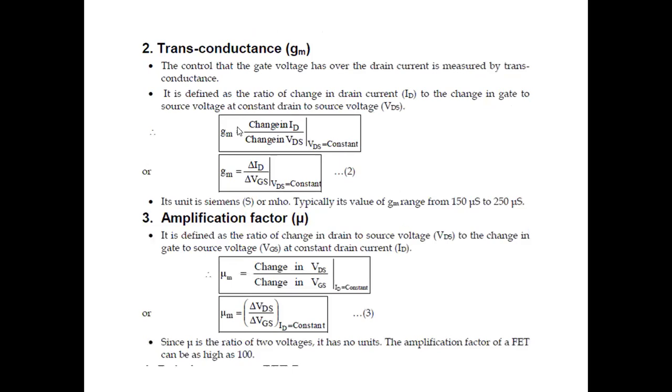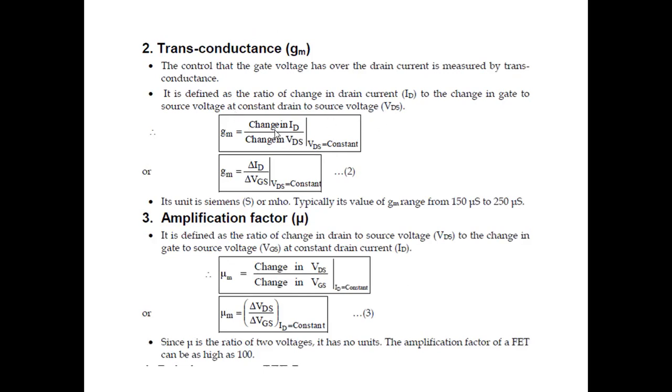Next, transconductance. The control that the gate voltage has over the drain current is measured by the transconductance. It is defined as the ratio of the change in the drain current to the change in the gate to source voltage at constant drain to source voltage.